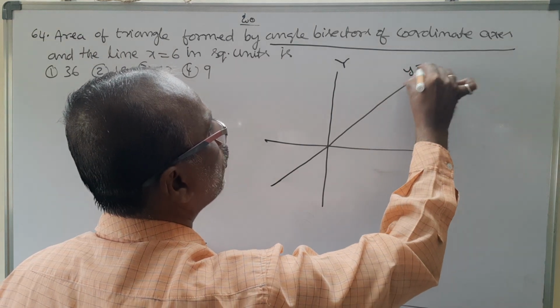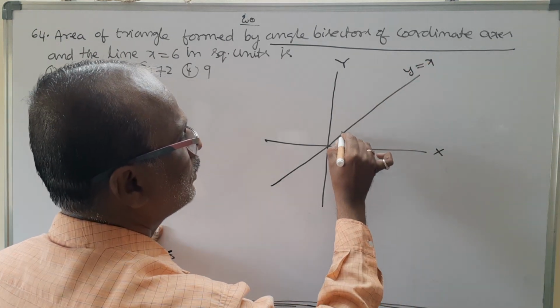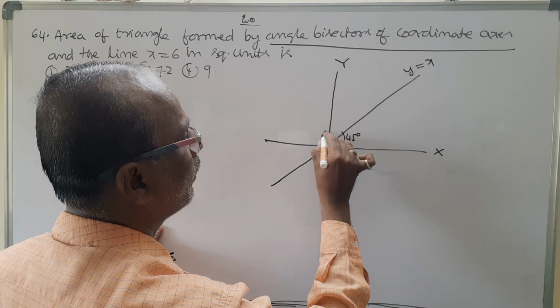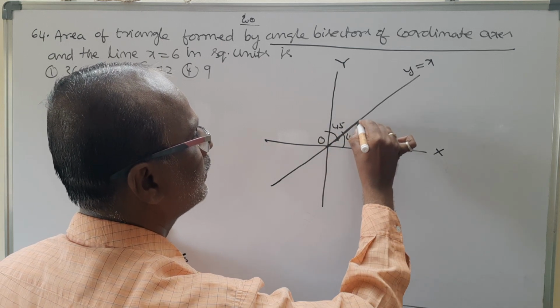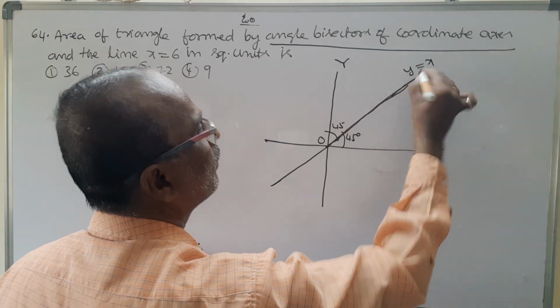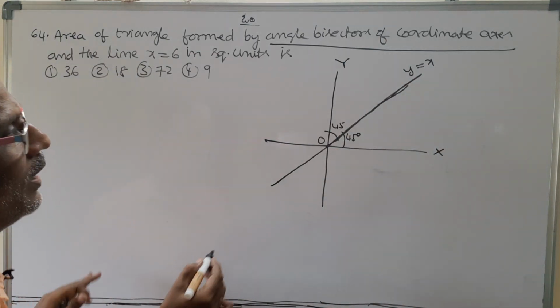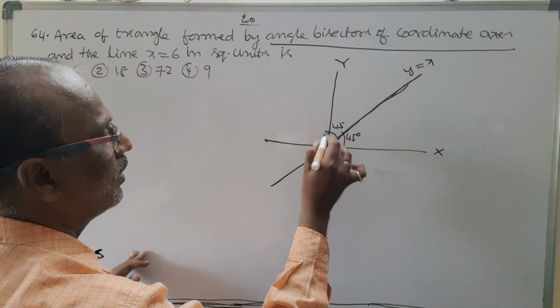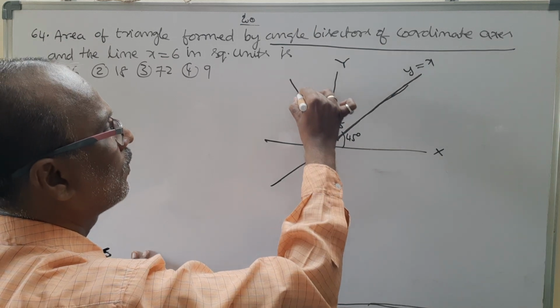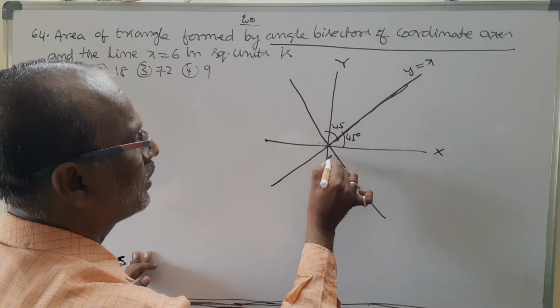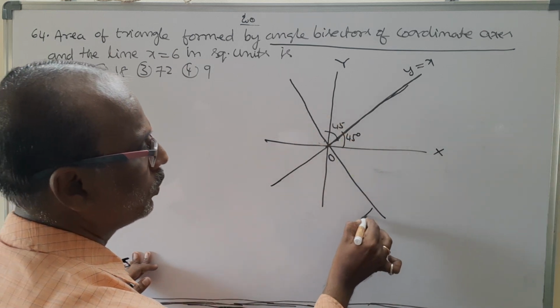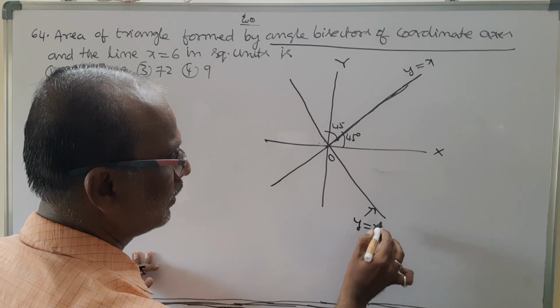This is the line y is equal to x, bisecting the coordinate axes at 45 degrees. This is the angular bisector line, y is equal to x. Another line, with the origin here, is y is equal to minus x.